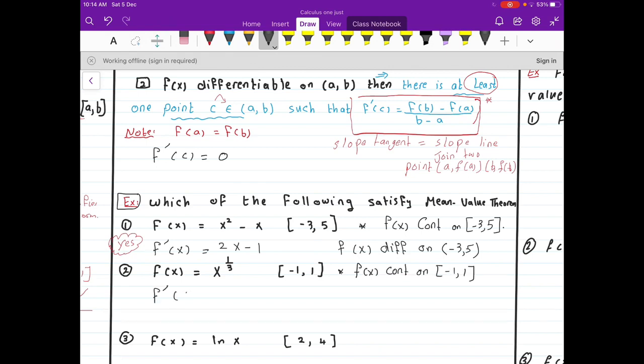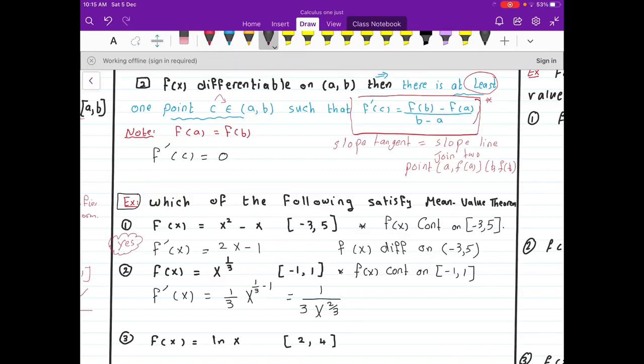Now, f prime of x equals 1 over 3 x to the power 1 over 3 minus 1, which is equivalent to 1 over 3 x to the power of minus 2 over 3. Our question now: is this function differentiable on the open interval (-1, 1)? Notice the answer is no. Why? Since f(x) is not differentiable at x equals 0.